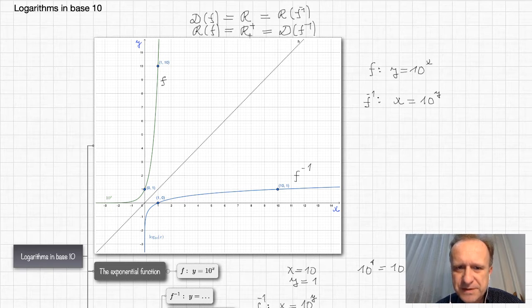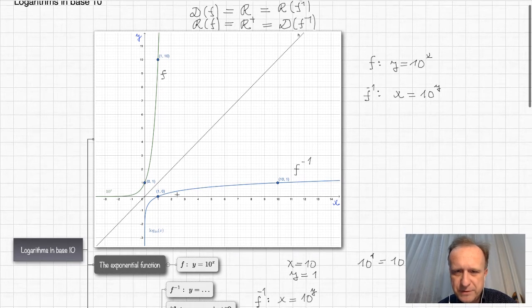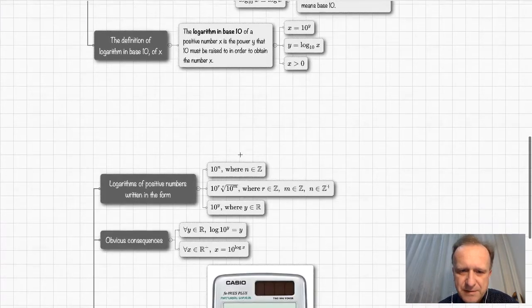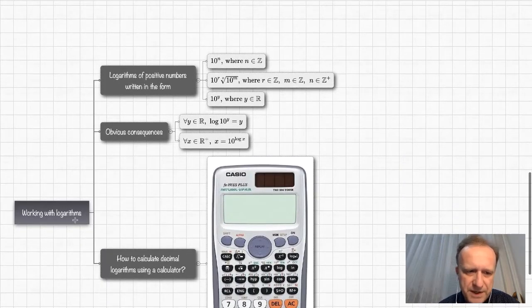So this is represented in the graph by the fact that the blue curve is defined only for positive values. It doesn't reach into the third quadrant, as you can see. It's just defined in the fourth and in the first quadrant, like that. So only positive values of x are input into this logarithm function, and you can calculate logarithm only from such numbers.